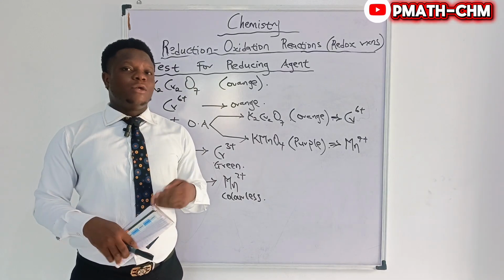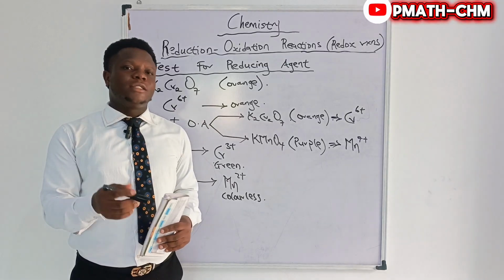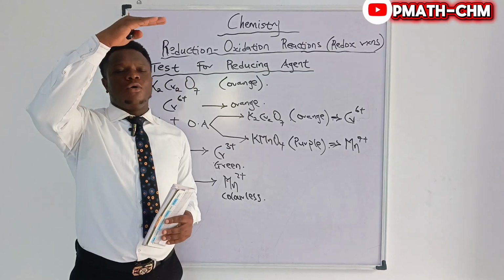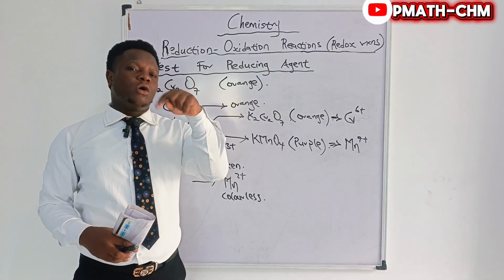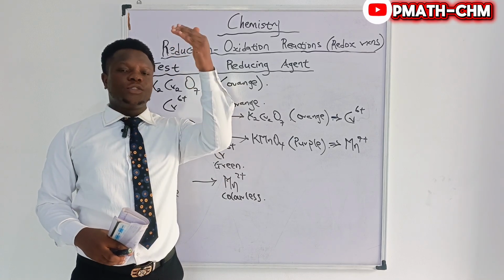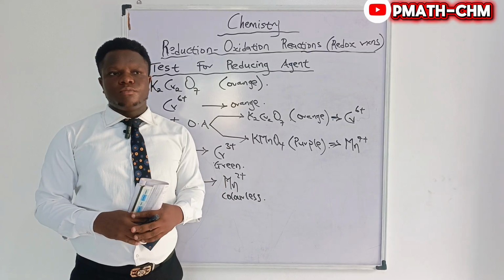It can behave as an oxidizing agent. Why? Because remember, oxidizing agents are substances that do what? Accept electrons. So when they accept electrons, their oxidation state decreases. So in sulfur(IV) oxide, the oxidation state of sulfur is 4. So there's the ability of the oxidation state reducing from 4 to what? To 0 or even -2.